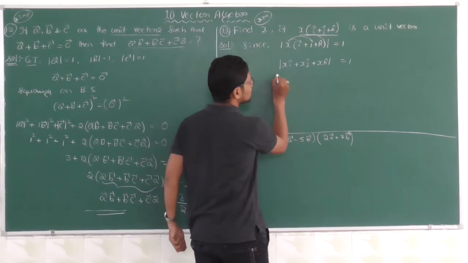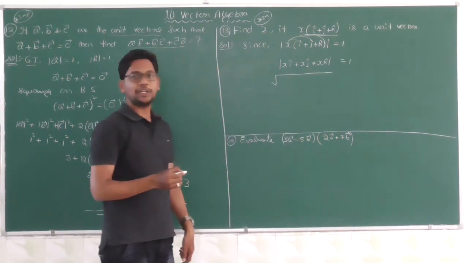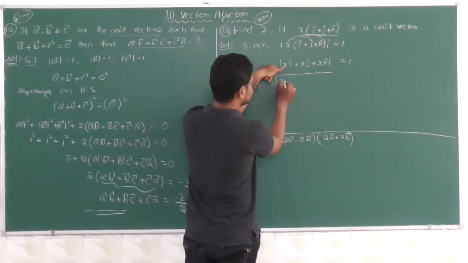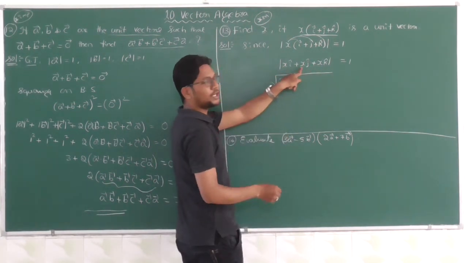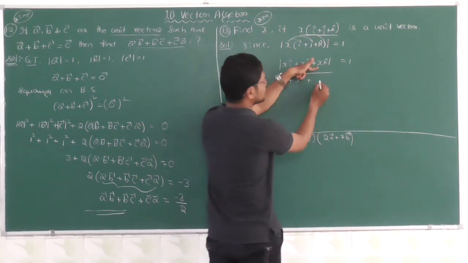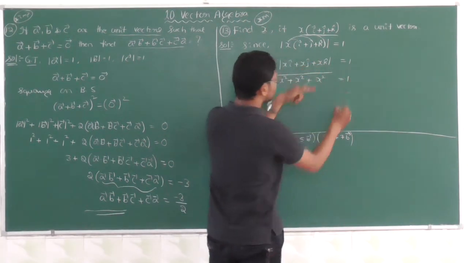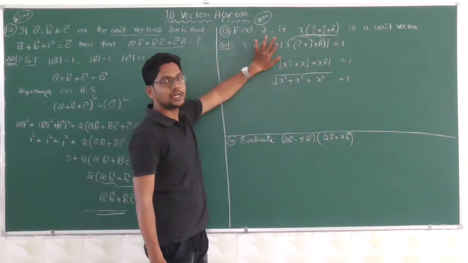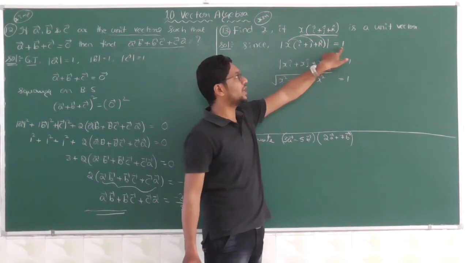Square root of i component, which is x, that is x square, plus j component x square, plus k component x square, equals 1. Once again, it is a unit vector, so the magnitude of the vector equals 1.